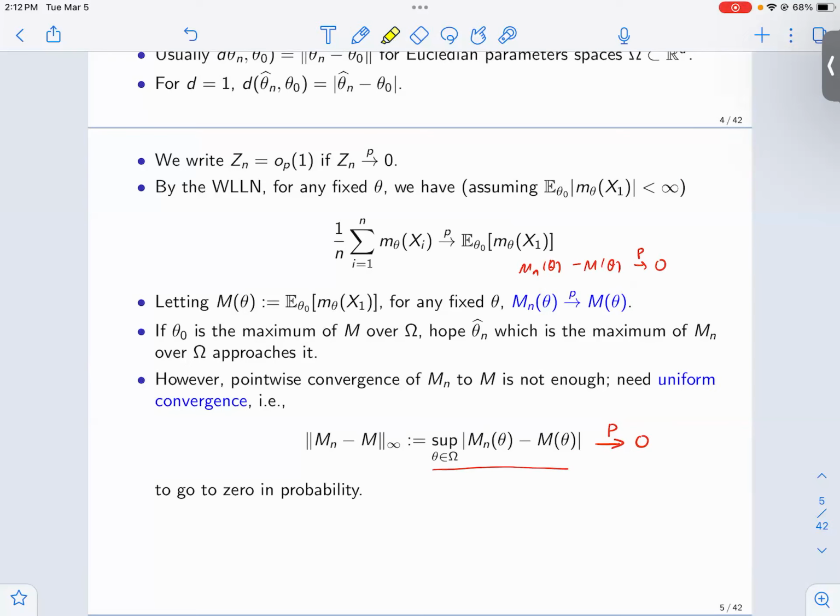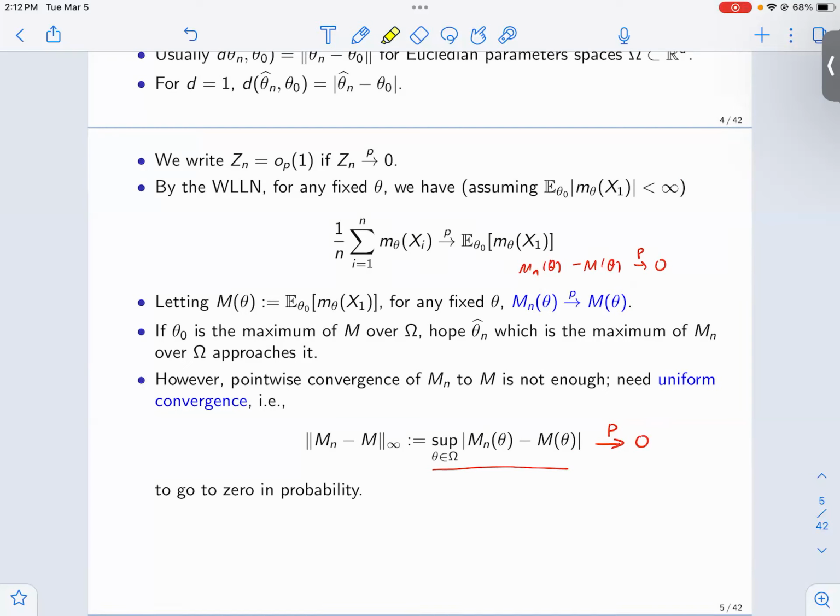So for fixed theta, this sequence of random variables converges to that random variable. This means pointwise convergence of functions in the language of analysis. So convergence pointwise in probability is what we get, which is not enough for convergence of the maximizer or even the maxima. So we need a stronger notion.